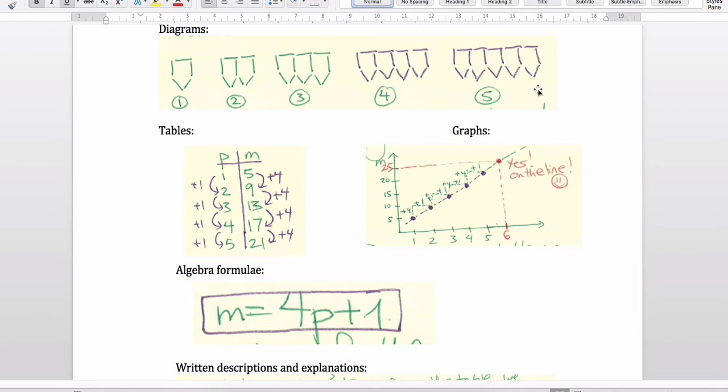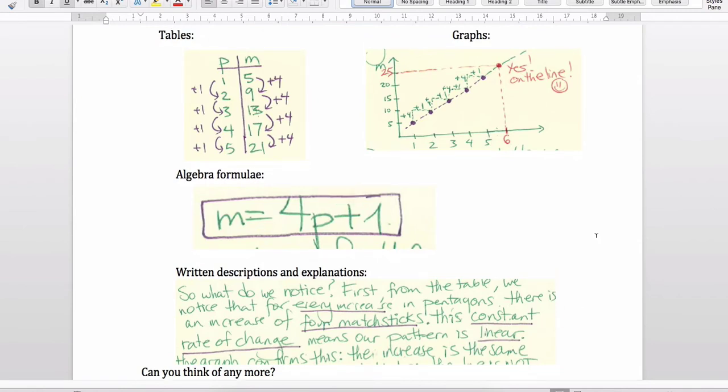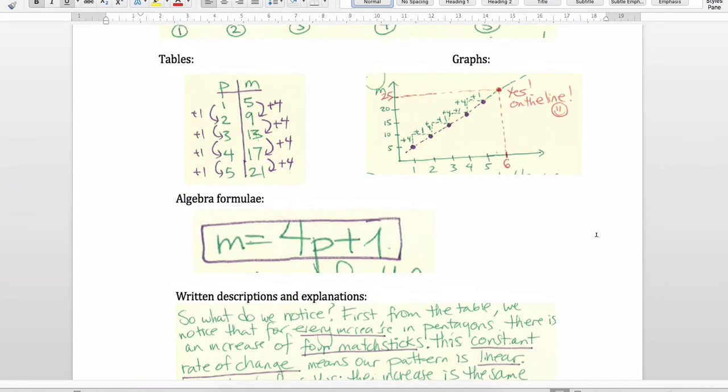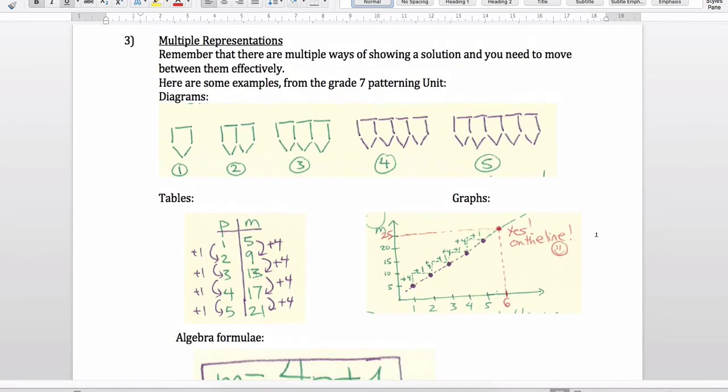So the student has used diagram, table, graph, an algebraic formula, and also written description and explanation. So here is a good example of using different types and different forms of mathematical representation.